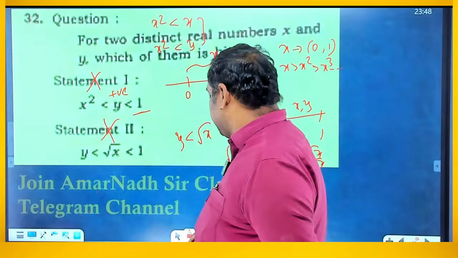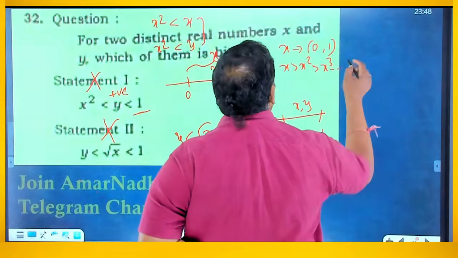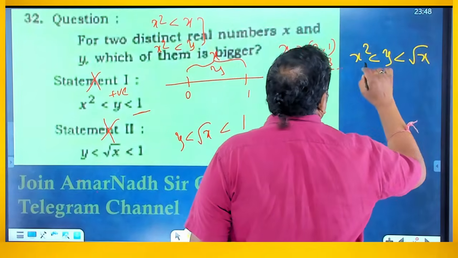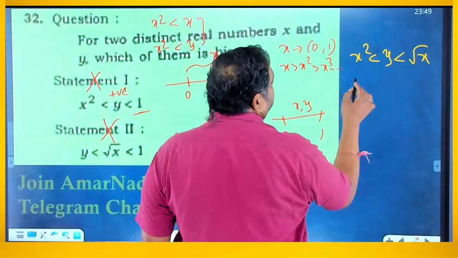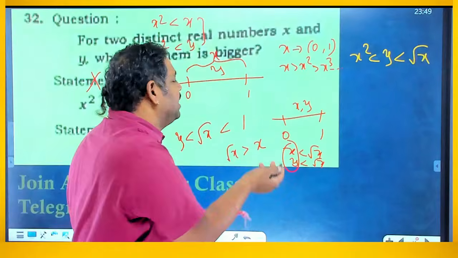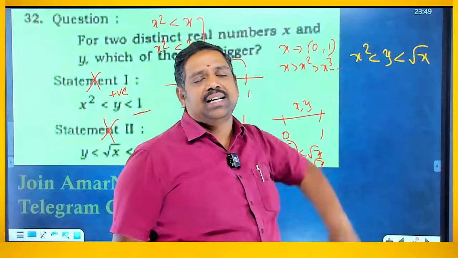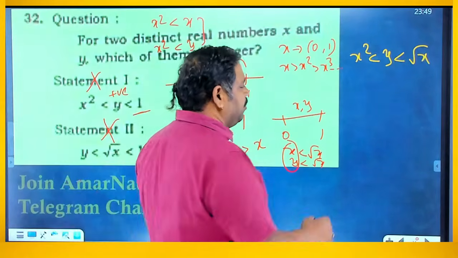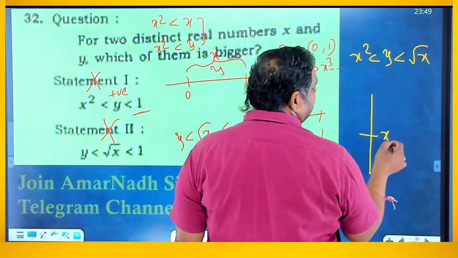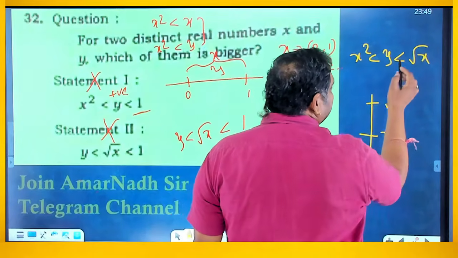Now taking both together, what conclusion do we get? x square is less than y, but y is less than root x. Since both are in the range of 0 to 1, as the power increases, the value reduces, so x square is less than root x. y is in between x square and root x.